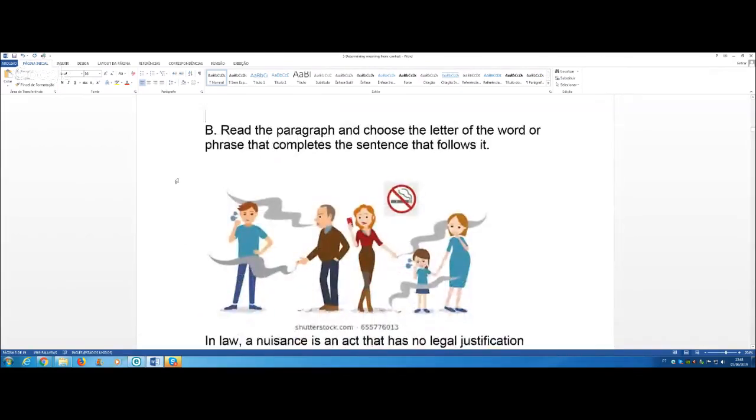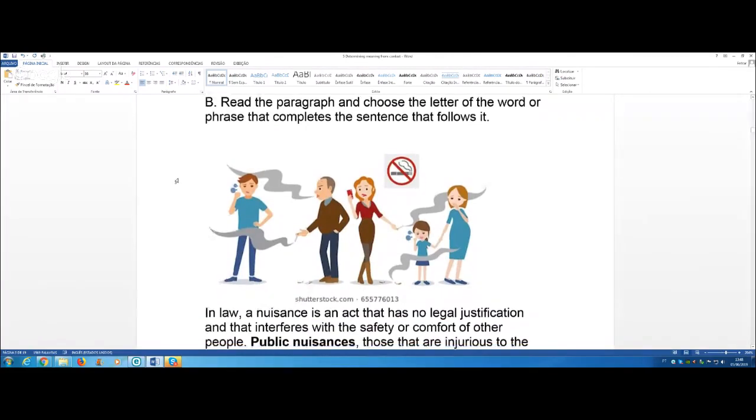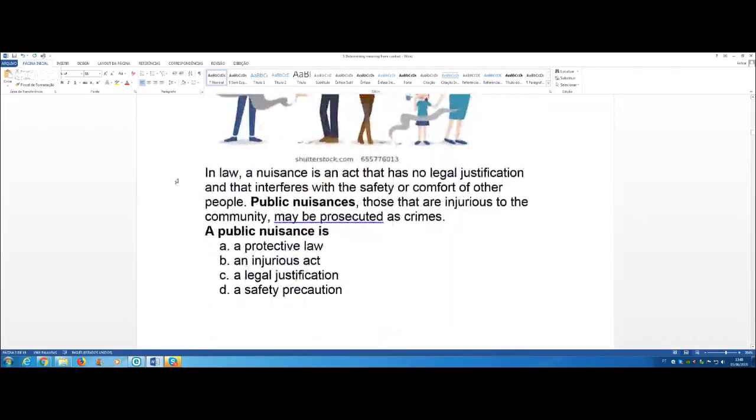Read the paragraph and choose the letter of the word or phrase that completes the sentence that follows. Multiple choices. In law, nuisance is an act that has no legal justification and that interferes with the safety or comfort of other people.